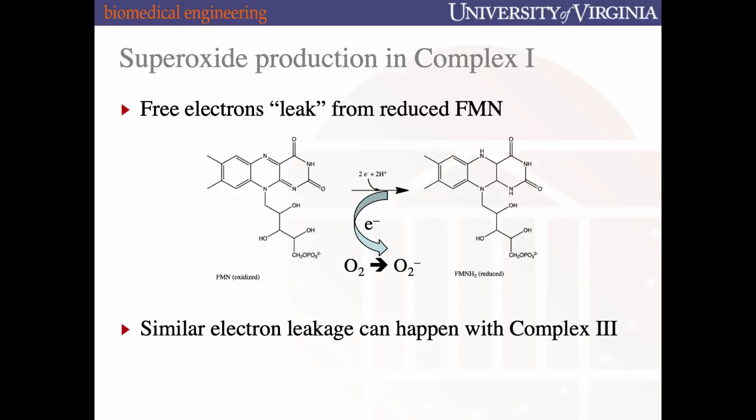So that handoff from NADH to flavin mononucleotide happens, but doesn't happen with perfect efficiency. And so as a result of that reduction, it can leak off an electron. You're under aerobic conditions. Oxygen is in the environment, and now you're generating reactive oxygen species. These types of leak processes also occur in complex 3, but the leak is more severe in complex 1.